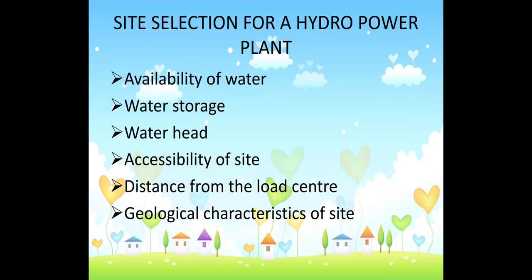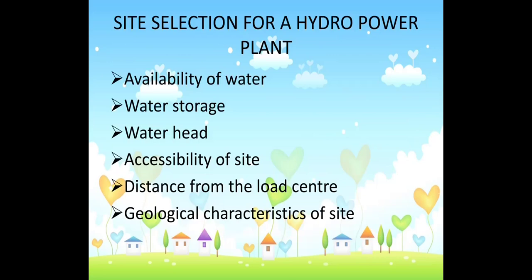The site selection of a hydro power plant is classified into six factors. First is the availability of water, water storage and water head. If we increase the water head, then we can produce more electrical energy. Then accessibility of the site: if the site is near to us, we can maintain it and also construct the plant easily.